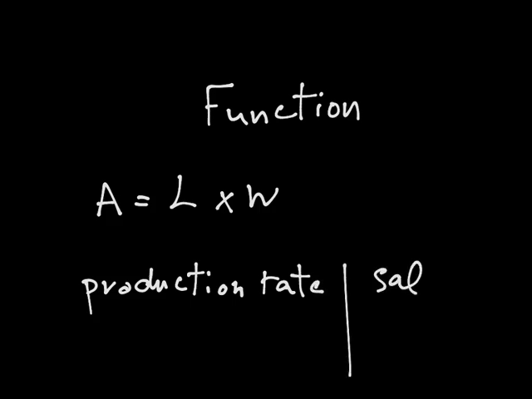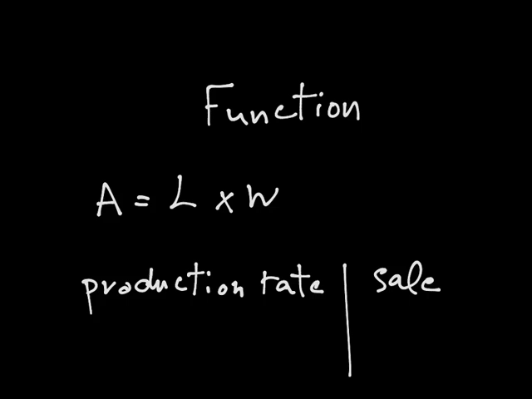The production rate would be the input or the independent variable, and sales would be the output or the dependent value. So that's another example of how to distinguish between dependent and independent variables in a function.